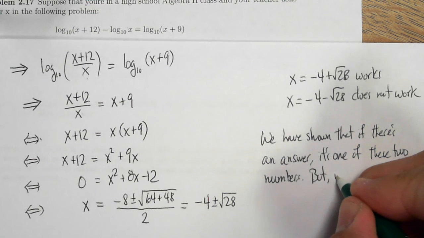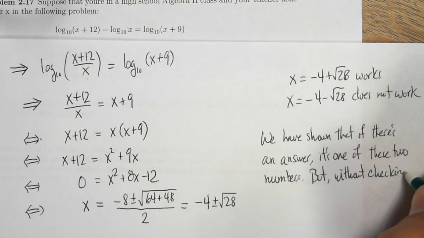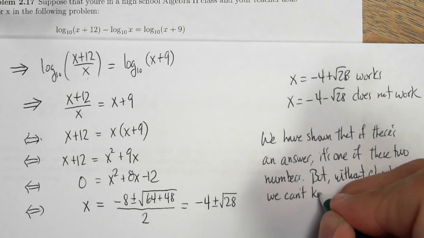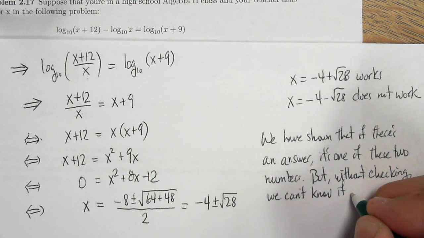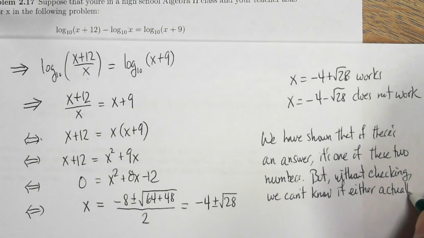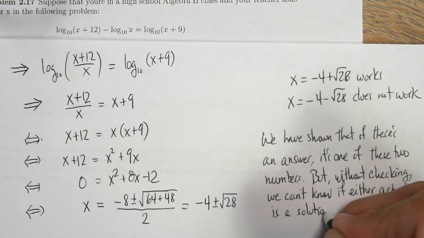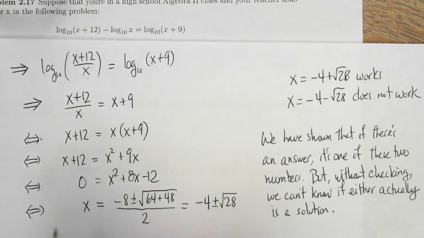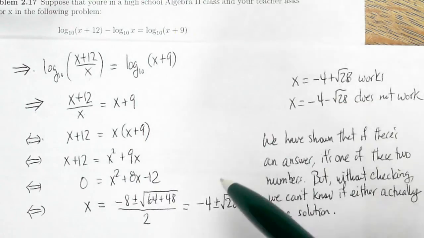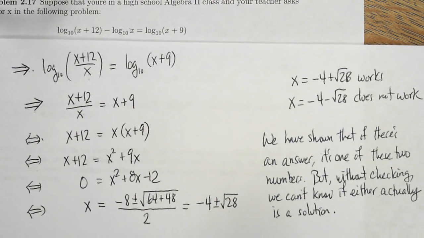But without checking, we can't know if either actually is a solution. And because I have at least one step here that's not a two-way implication, there is the possibility that I might have an extraneous answer when I come out the other end.